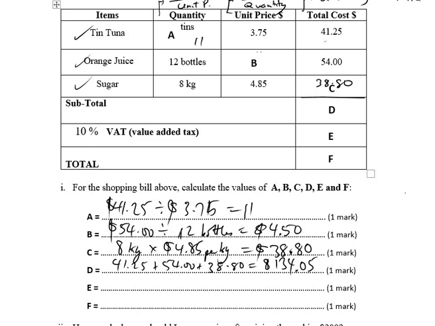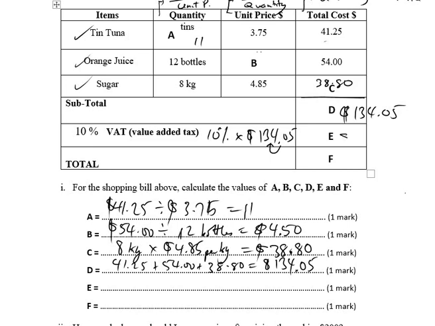What about E now? So D is really what? So C, we got a D here. The subtotal is $134.05. Now the value added tax is 10%. So we need to find 10% of 134.05. Now when you're finding 10%, you're really dividing by 10, so you can move the point one place to the left.